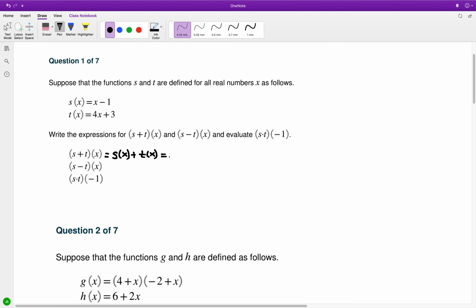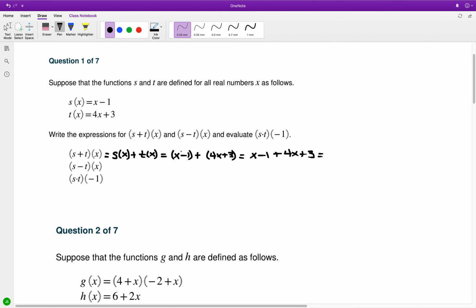For s of x plus t of x, with s of x we have x minus 1, and for t of x I have 4x plus 3. If I add the terms together, I have x minus 1 plus 4x plus 3.